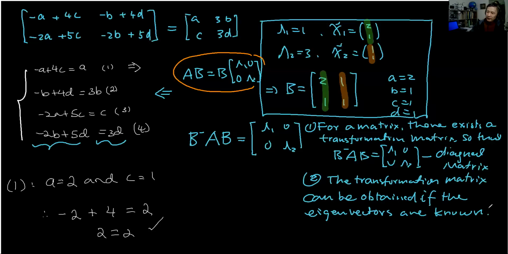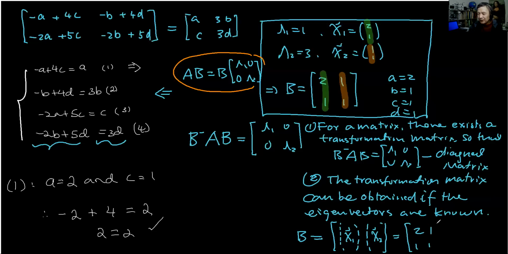So if the eigenvalues are known, then the transformation matrix B will simply be made from eigenvector 1 and eigenvector 2. In our particular case, it is 2, 1, 1.